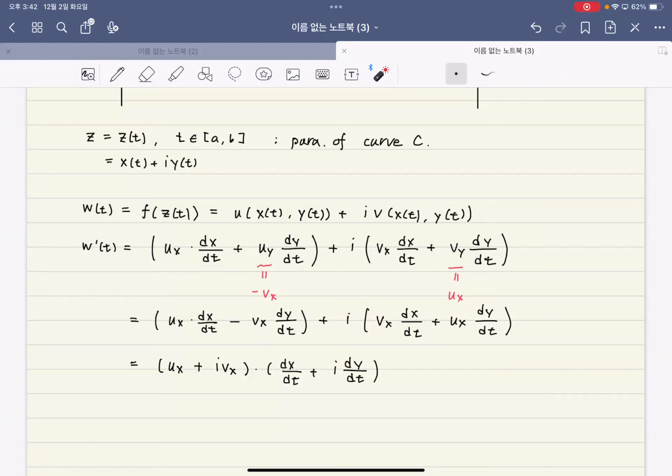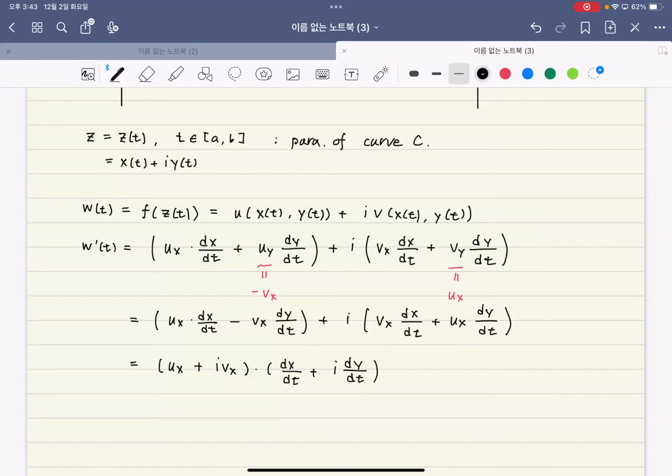Let me compare these two expressions. Are they the same? This times this and this times that, so I have the negative sign, and this times this, and this times that. Good.